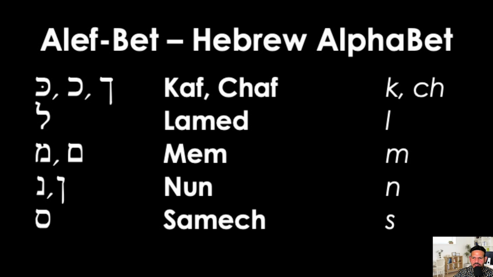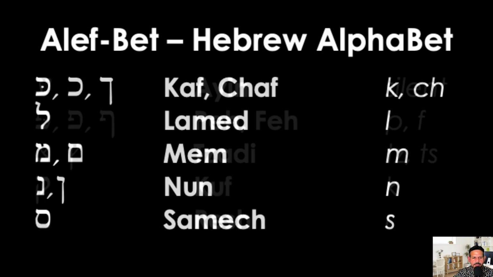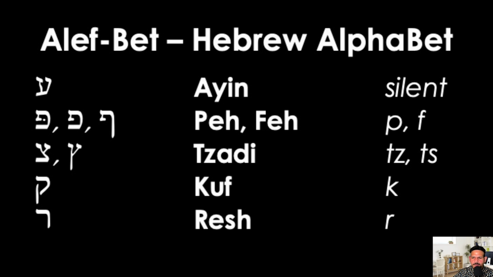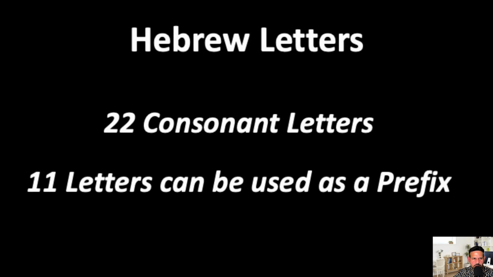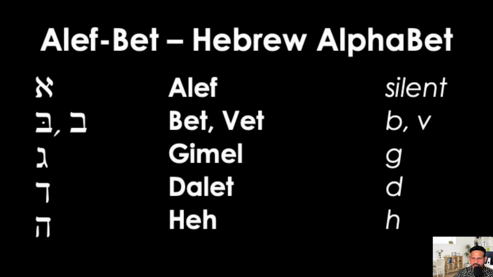Kaf, Lamed, Mem, Nun, Samech. Ein, Pe, Tzadi, Kuf, Resh, Shin, Tav. All right, that's all 22 letters. Again, 5 letters at a time. Count on your fingers from Aleph to Hey, and just learn them 5 letters at a time. Aleph, Beit, Gimel, Dalet, Hey.